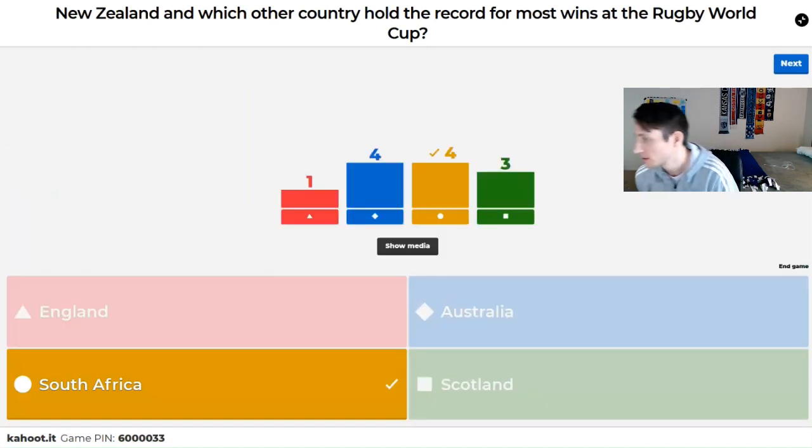That would be the winning country. South Africa. You're welcome, Lewis, even though I don't think he's even in here. But that's how much I care about his rugby team, is that I incorporated it into my Kahoot. Lewis, you are welcome.